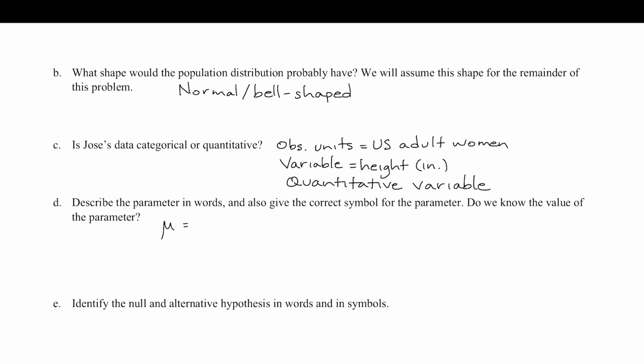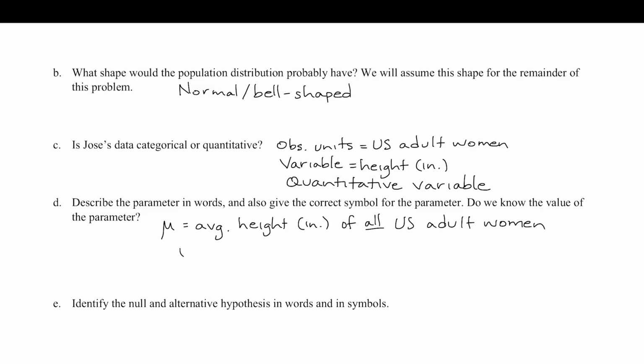Now, since our variable is quantitative, the symbol for the parameter is going to be mu, and mu is always an average, and it's an average for the whole population. So this would be the average height, and that, of course, is in inches, of all U.S. adult women.